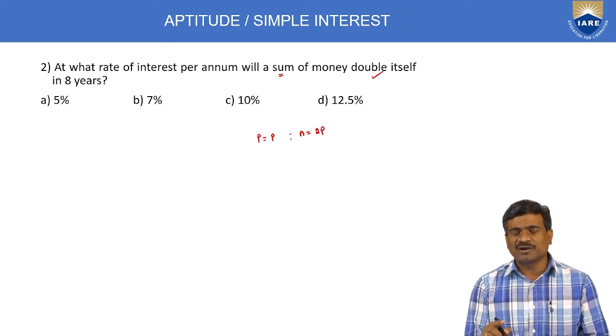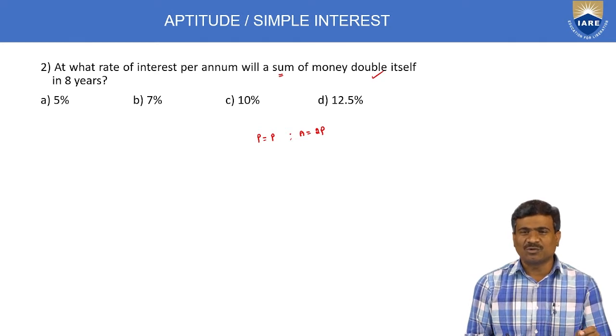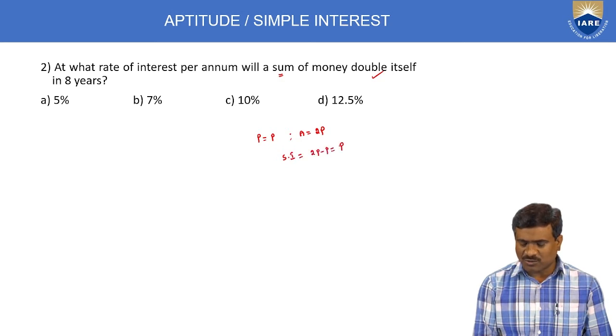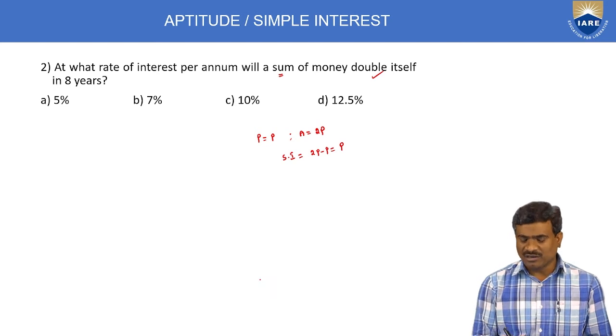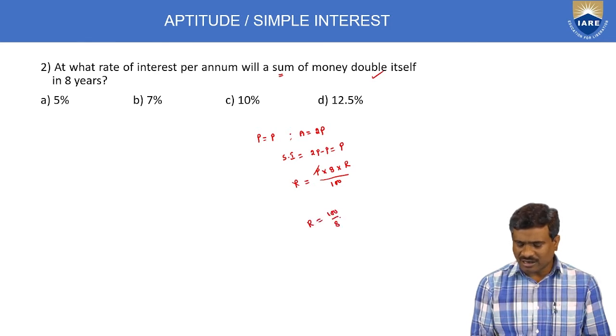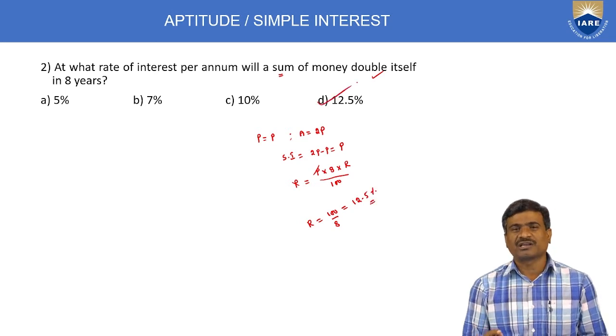We know that simple interest is equal to amount minus principal amount. Then simple interest is 2P minus P, which is equal to P. Next formula, SI is equal to PTR by 100, where P is equal to P, SI is equal to P, time duration 8. Calculate rate of interest per annum. Here R is equal to 100 by 8, which is 12.5% per annum. Option D only correct.